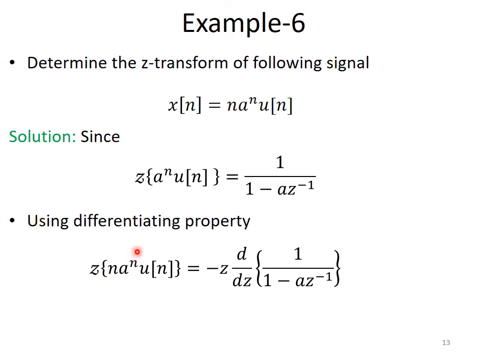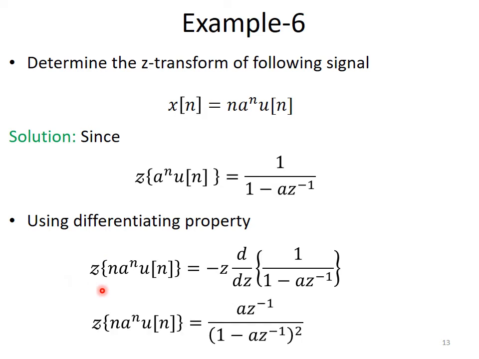So using the differentiation property, minus z into d upon dz of this function would be a z power minus 1 divided by 1 minus a into z power minus 1 whole square. So this is what the z transform of the signal x of n is.